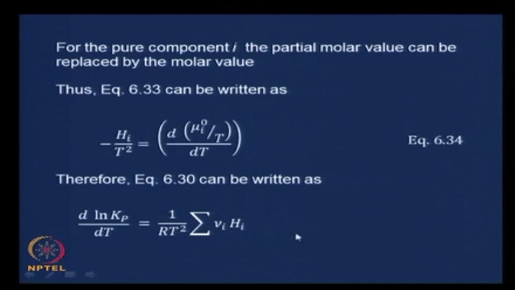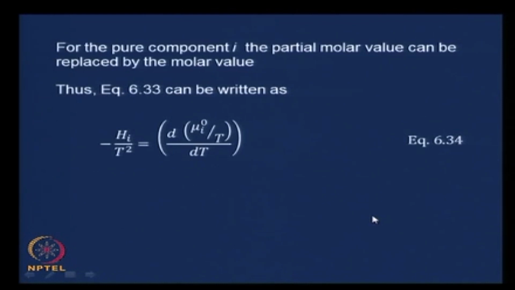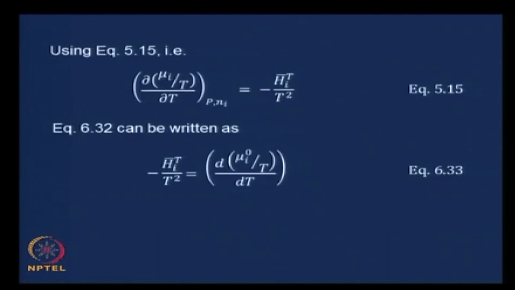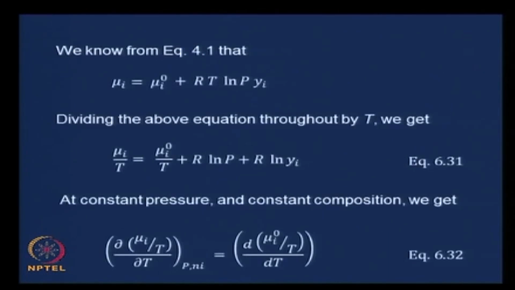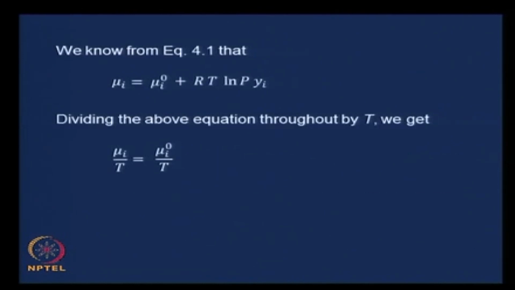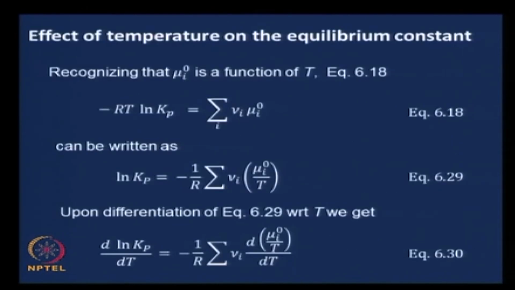Let me just tell you how this comes about by going back a little bit. Equation 630 was this: d ln Kp/dT equals minus 1 by R sum over ν_i d/dT of (μ_i°/T).